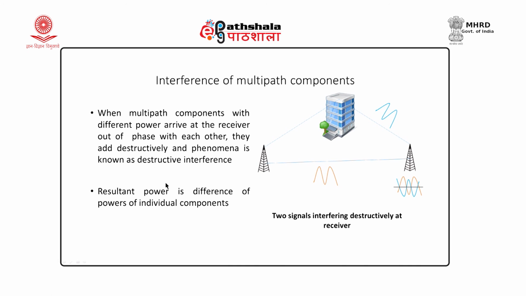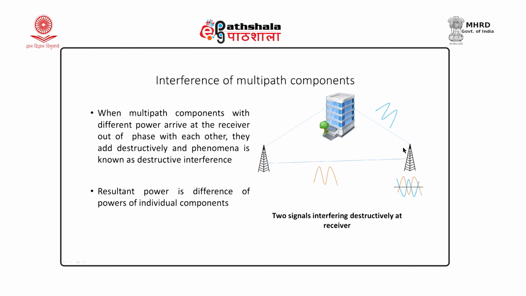Then there is destructive interference, when the two signals are arriving out of phase with each other. What do we mean by out of phase? The phase difference between them is 180 degrees. This phenomenon is known as destructive interference. So, one signal came here, the other signal came with a 180-degree phase difference.